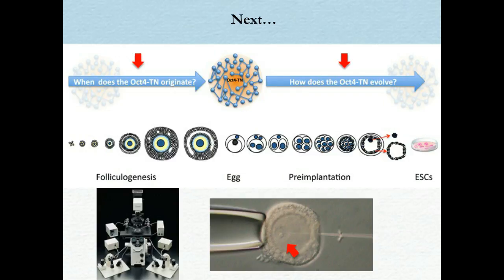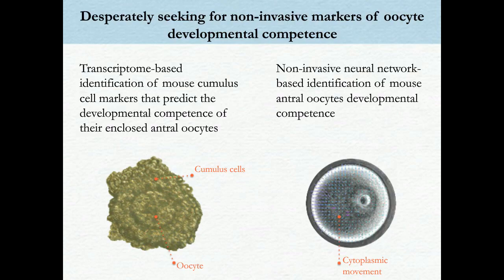Therefore, although they are helpful in the identification of biological differences between competent and incompetent oocytes, they are, at the moment, unsuitable to be used in the clinic whenever one needs to identify those competent oocytes for improving the outcome of the use of assisted reproductive technologies.